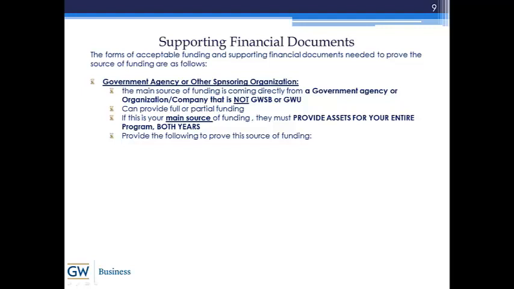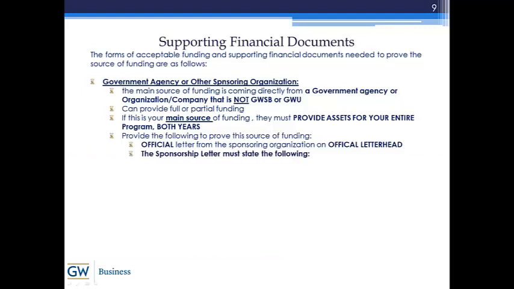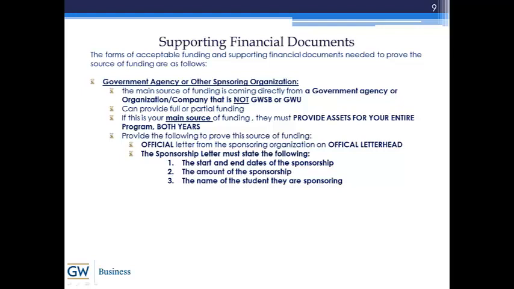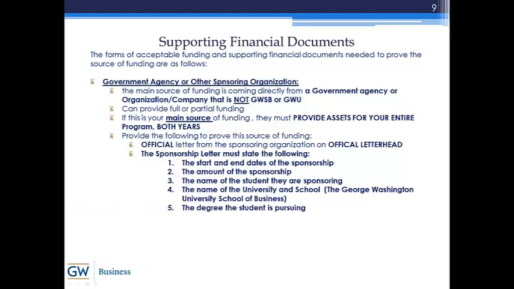Provide the following to prove that you have this as your main source or supplemental source of funding. An official letter from the sponsoring organization on official letterhead. The sponsorship letter must state the following exactly: the start and end dates of the sponsorship, the amount of the sponsorship, the name of the student that they are sponsoring, the name of the university and the school, in this case, the George Washington University School of Business, the degree that the student is pursuing, i.e. your degree program.